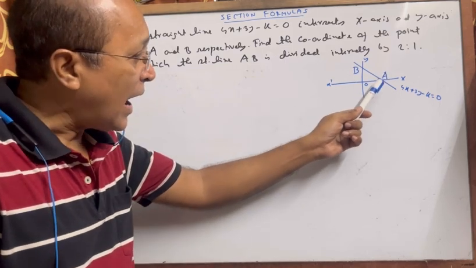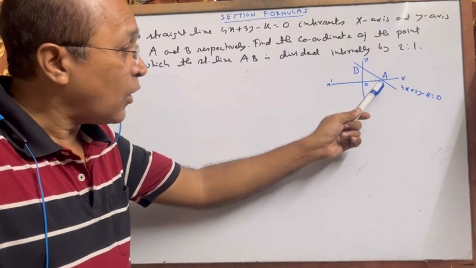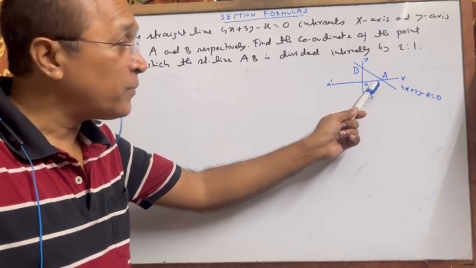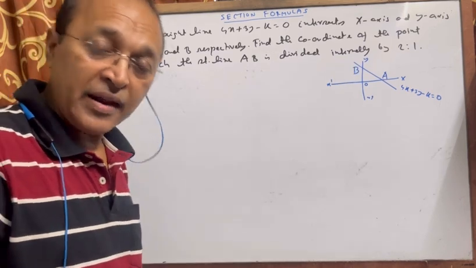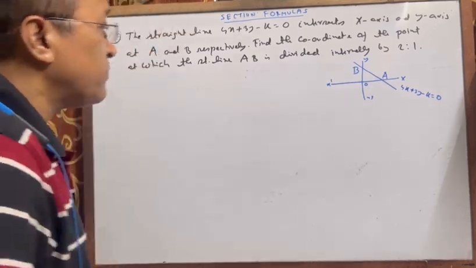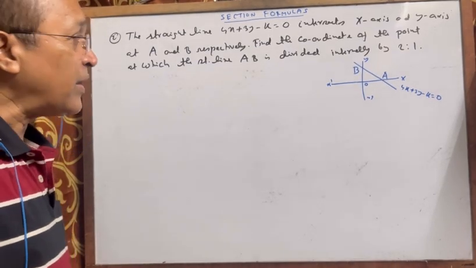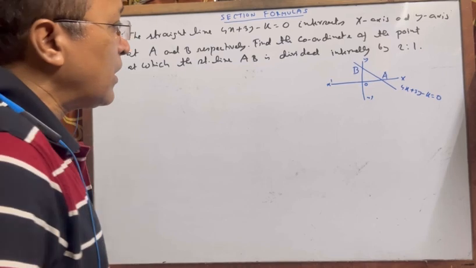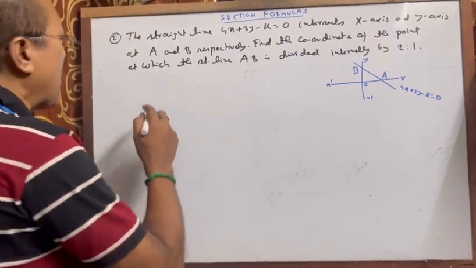So at A, the y coordinate will be 0. At B, the x coordinate will be 0. Let us find the coordinates at A and B.